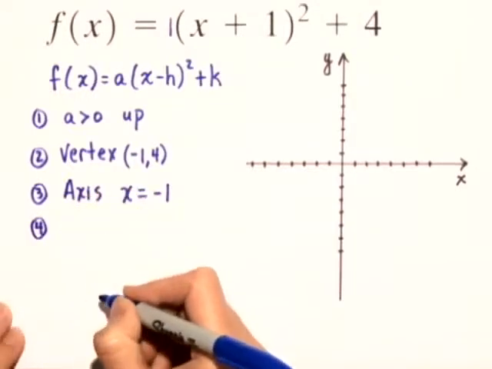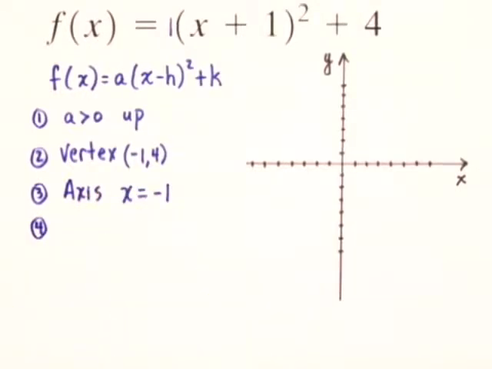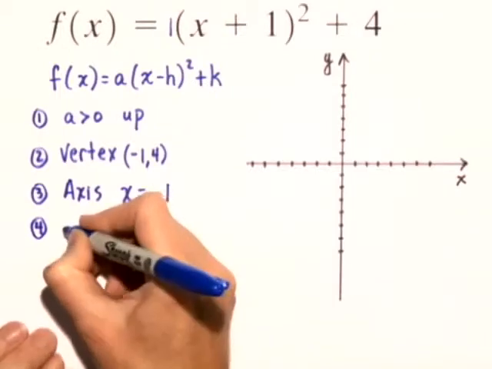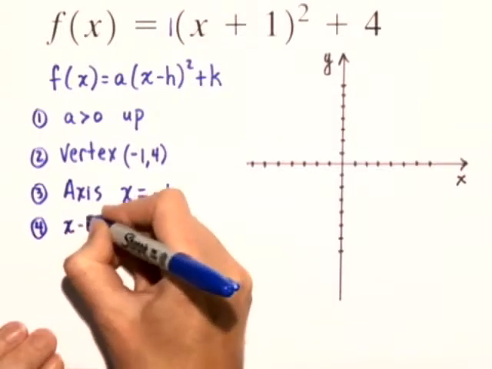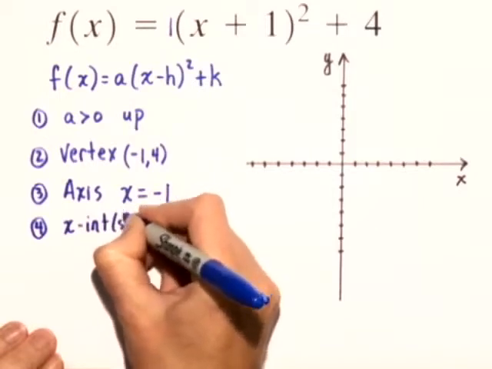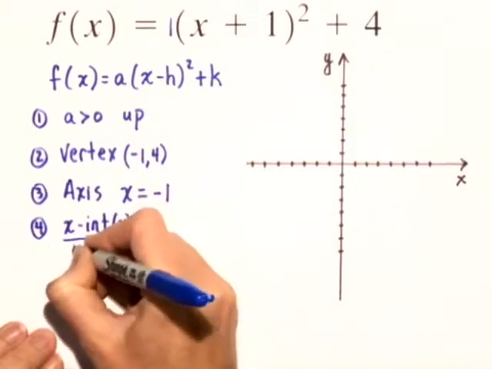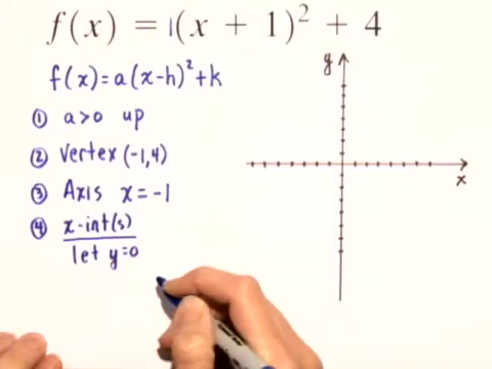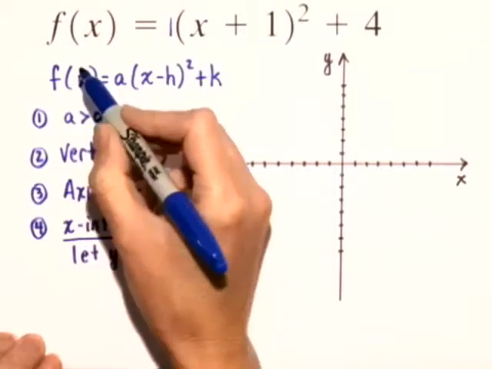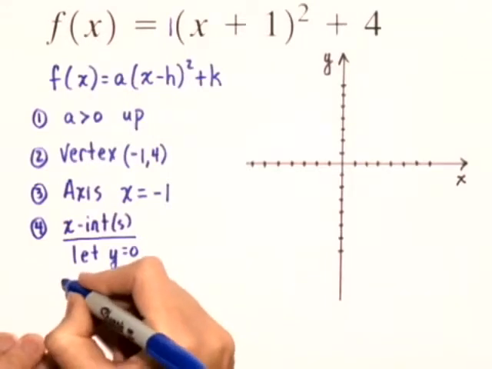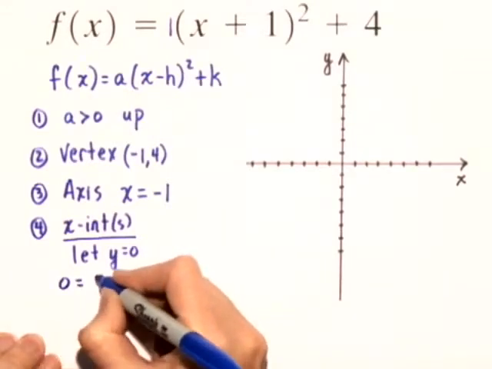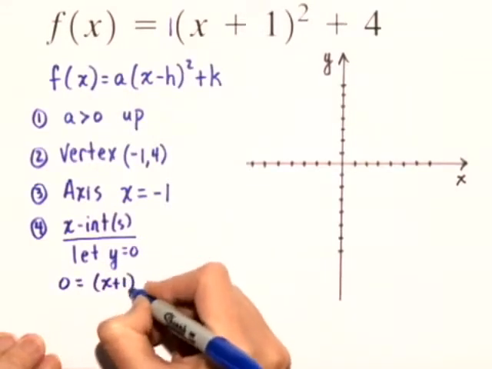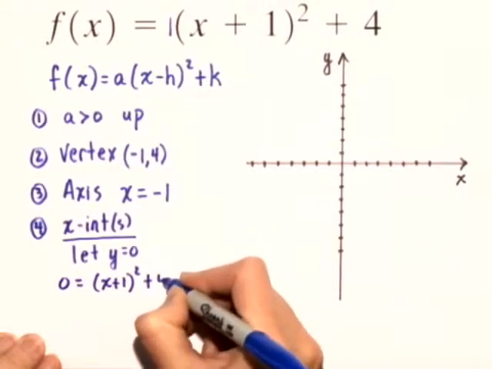Last, in step 4, we'll find both the x-intercept or intercepts and the y-intercept. So, in order to find the x-intercepts, we let y equal 0. Well, in this case, y is just f of x, so 0 equals the quantity x plus 1 squared plus 4.